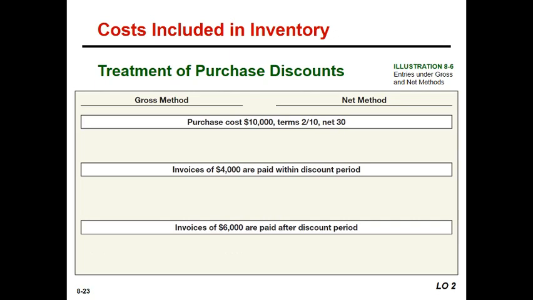So we'll real quick go through an illustration of gross and net methods using the same situation. So here we have a purchase of $10,000. The terms are 2/10, n/30. If we're using the gross method, we're recognizing the receipt of the goods at the gross value.